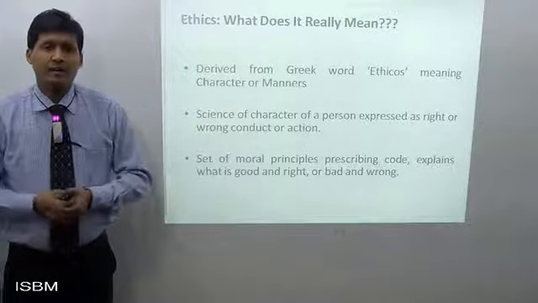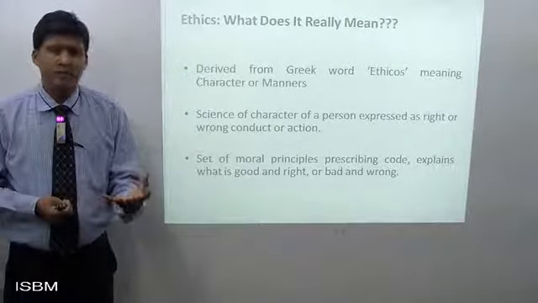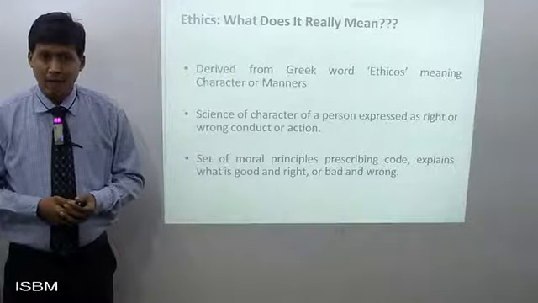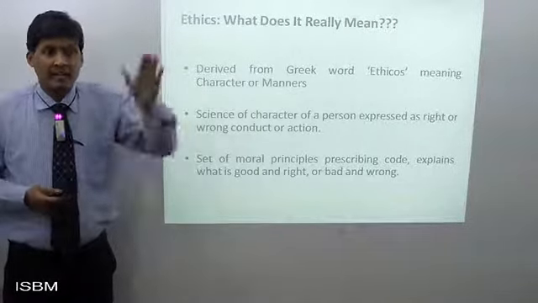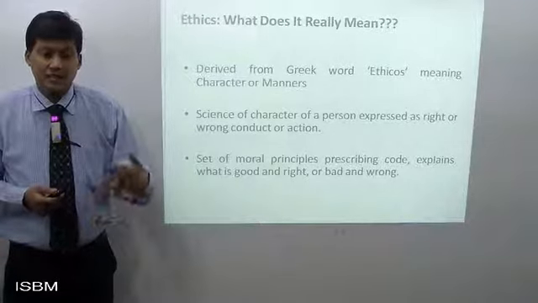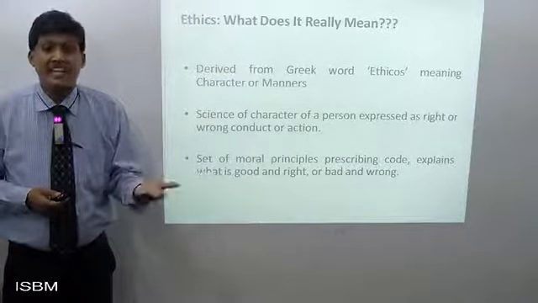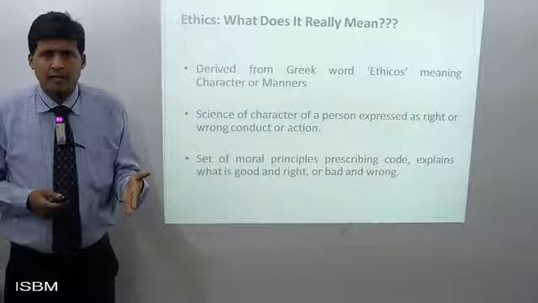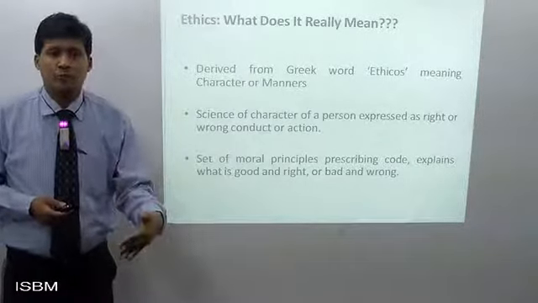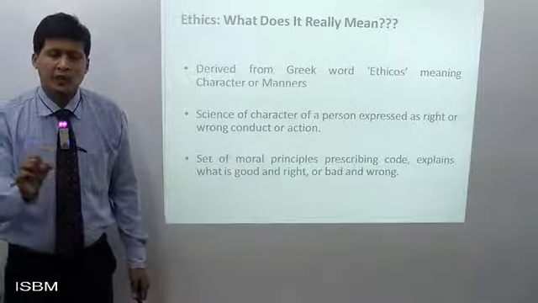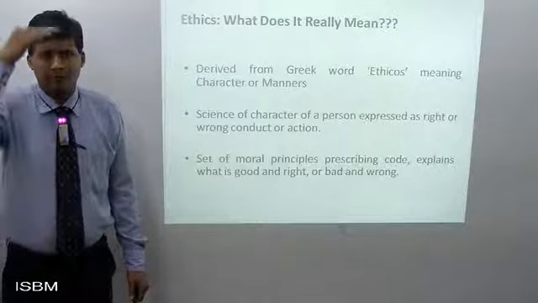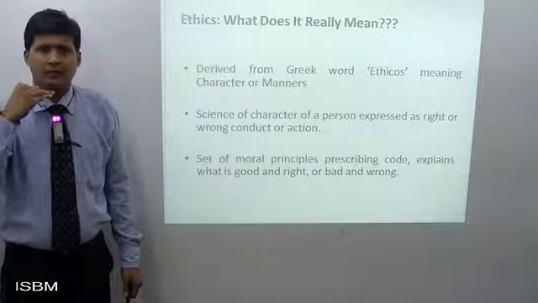For example, let's take a singular unit, a family. Family also has ethics. Ethics in a family run in generations, and sometimes come from a cultural lineage as well. Now these ethics, from a family perspective, are not written down, they are not documented. They go by word of mouth, from grandfather to father, father to son to grandson.